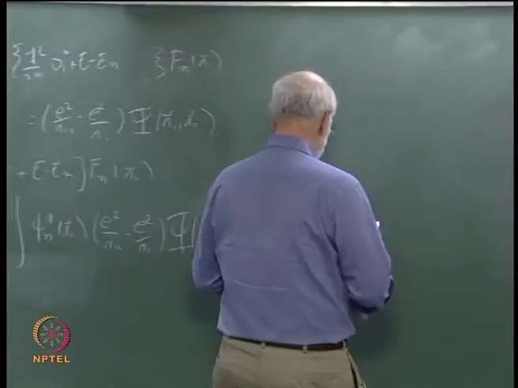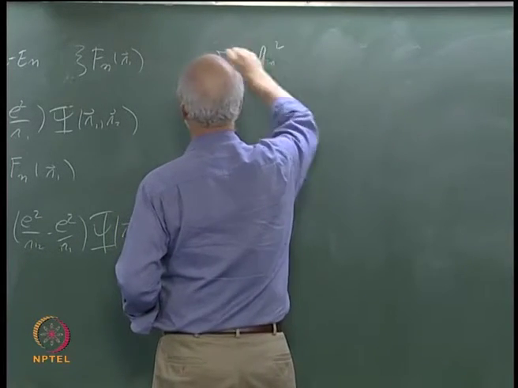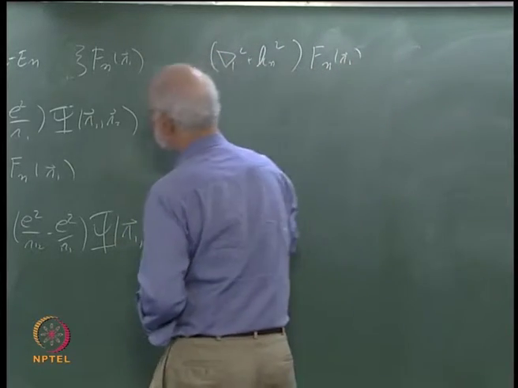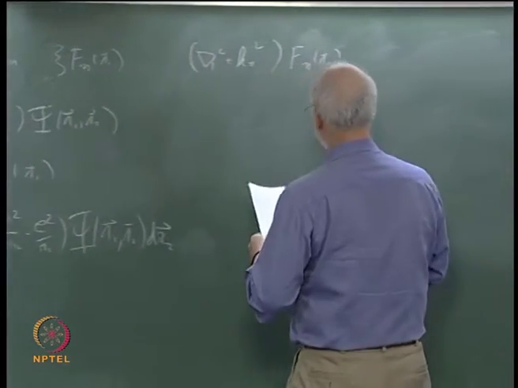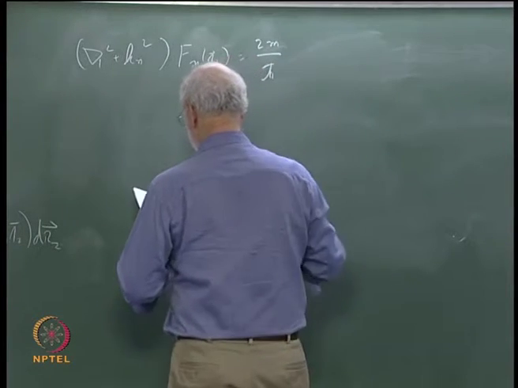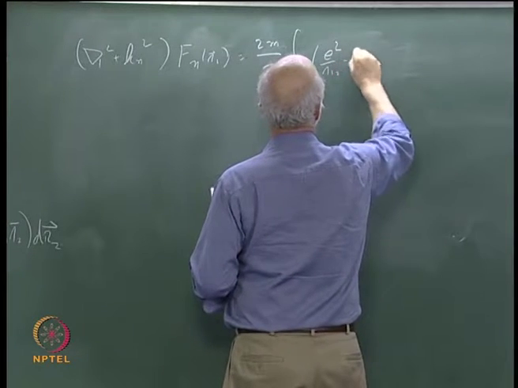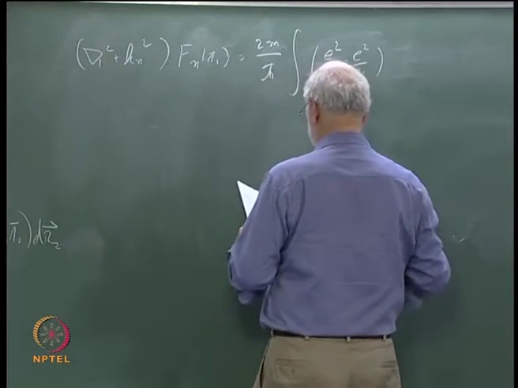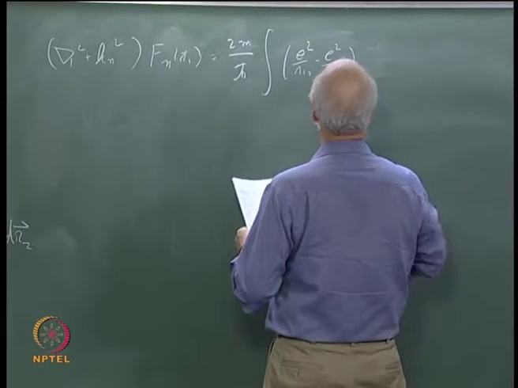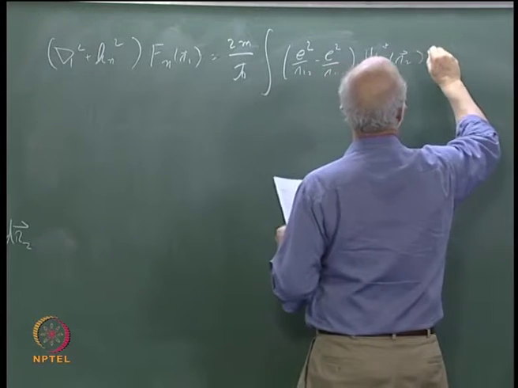And what I get is then del 1 squared plus kn squared, Fn of r1, equals 2m over h bar squared, integral e squared over r12 minus e squared over r1, psi n star of r2.